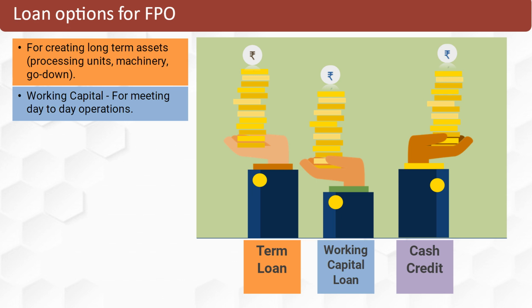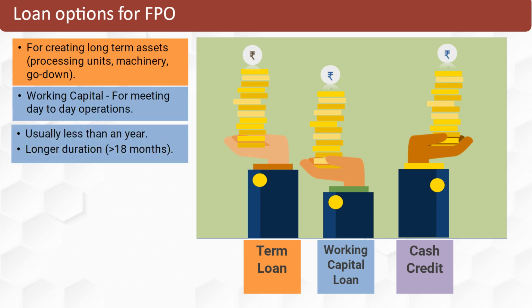It is a short term credit facility. Working capital has a short term limit, 1 year. Term loan has a longer tenure. Duration may be short term, less than 18 months, and long term, more than 18 months.